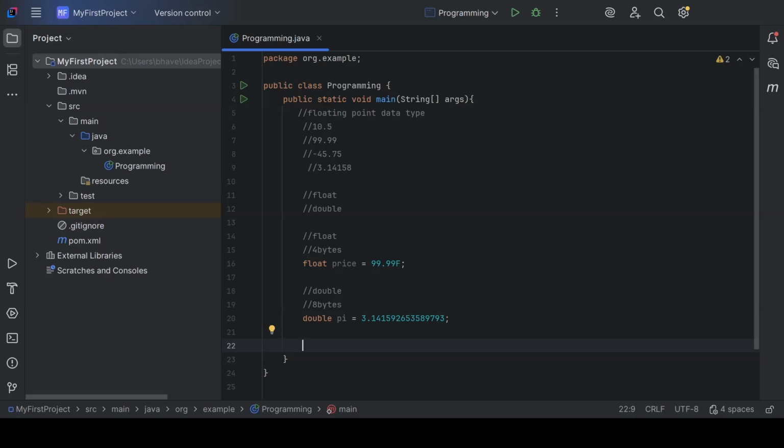Unless memory optimization is extremely important, double is usually the recommended choice for decimal values.